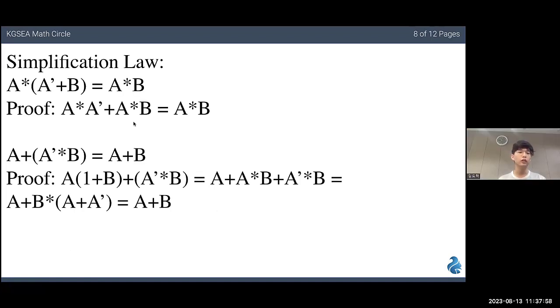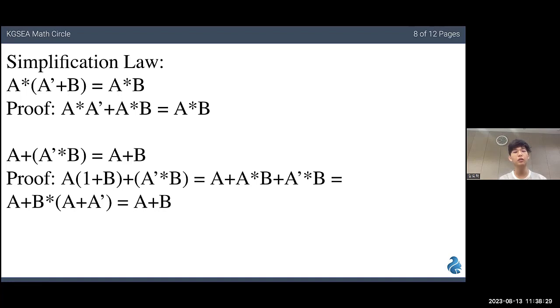Using the absorption law, the simplification law can also be proved. The simplification law is that A and the quantity (not A or B) is equal to A and B. This can be proven by distributing A to both terms, which equals (A and not A) or (A and B).